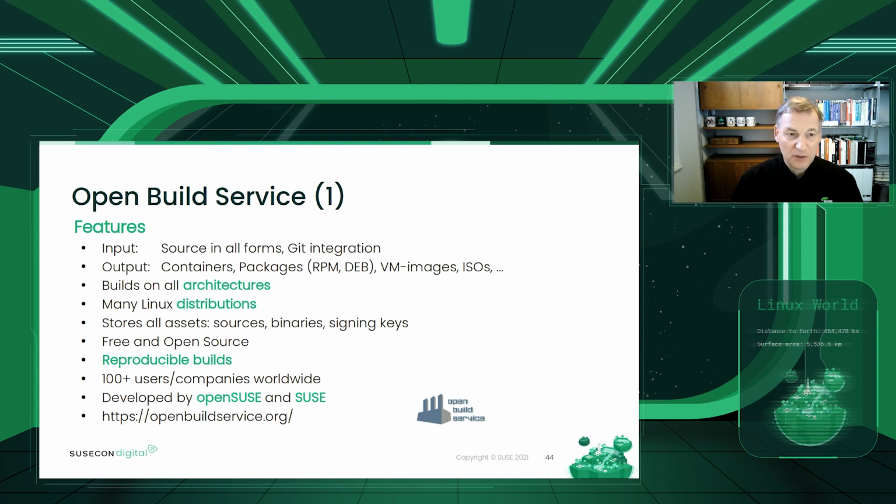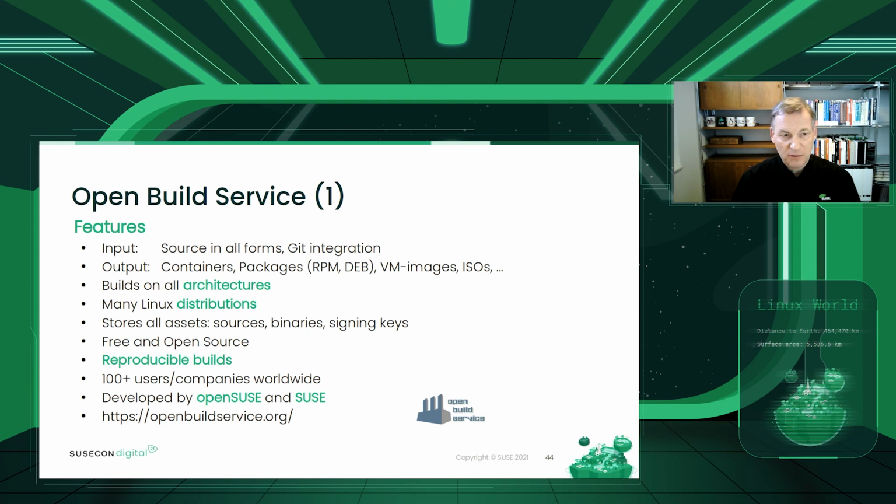We also do not only build on one Linux distribution, but on multiple Linux distributions. So all the big Linux distributions are supported in the Open Build Service. All assets, sources, binaries, and signing keys are stored. It is free and open source software that you can download, and that also goes towards really implementing reproducible builds, as we discussed before, why this is useful.